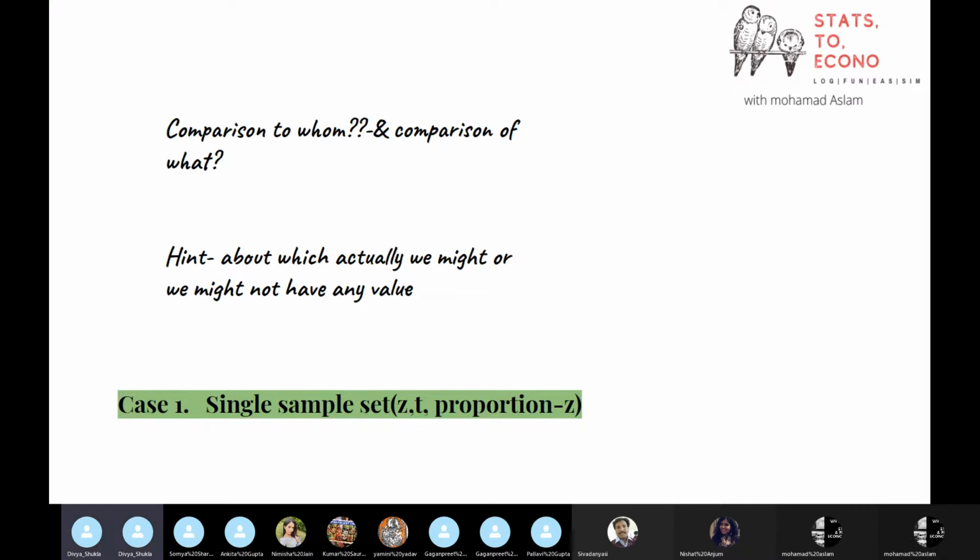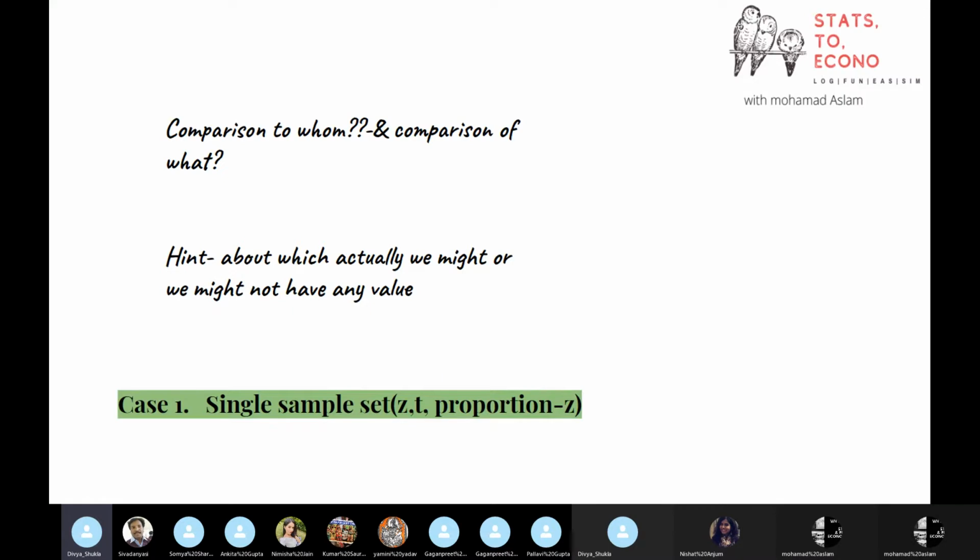Can anyone try to guess what we are going to compare and with which values? Any guess? Sample mean with population mean.